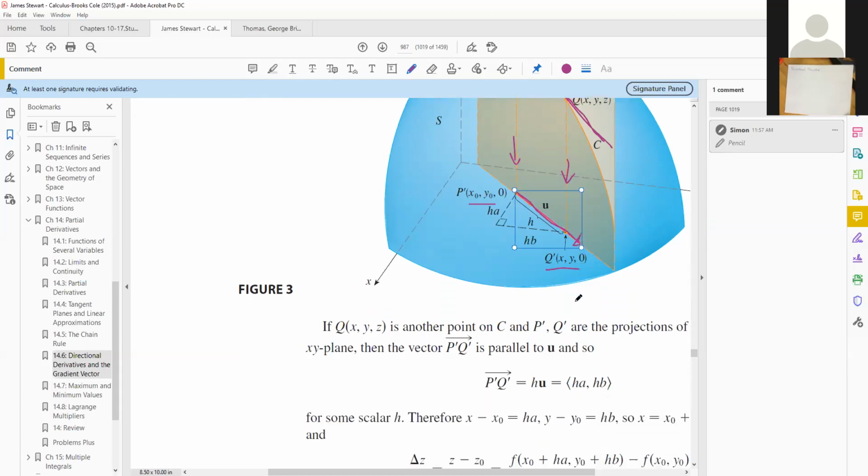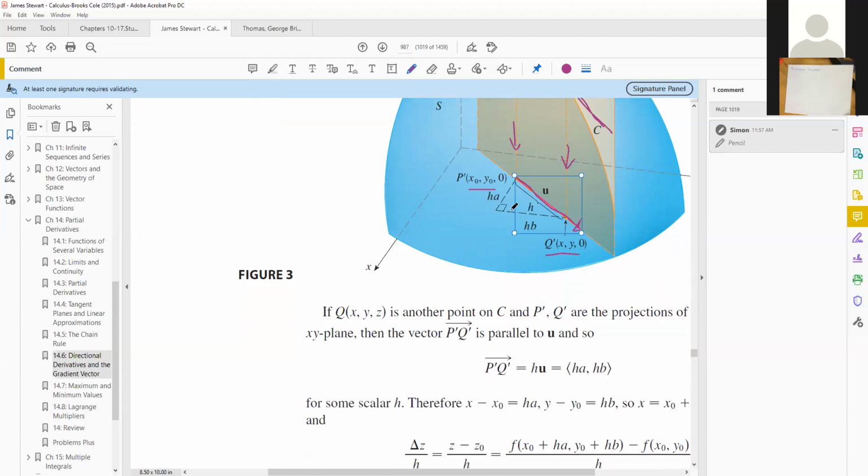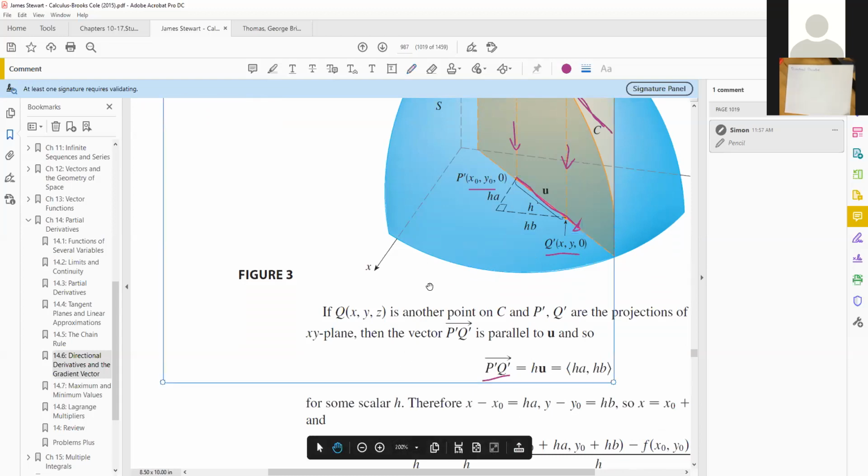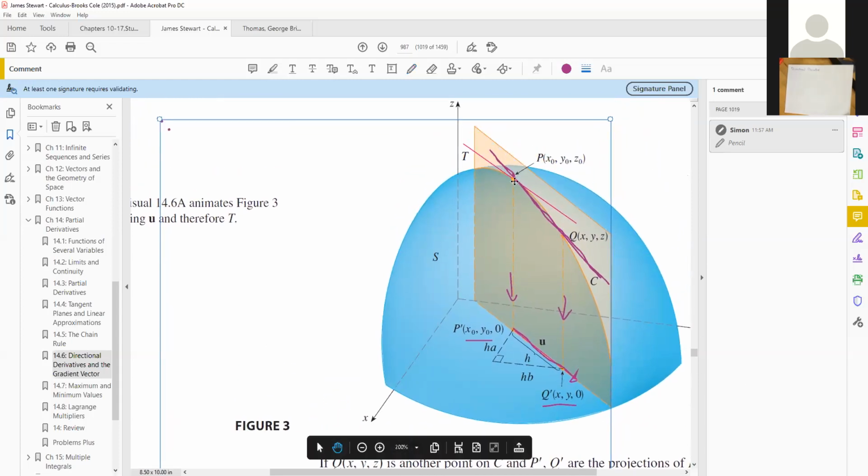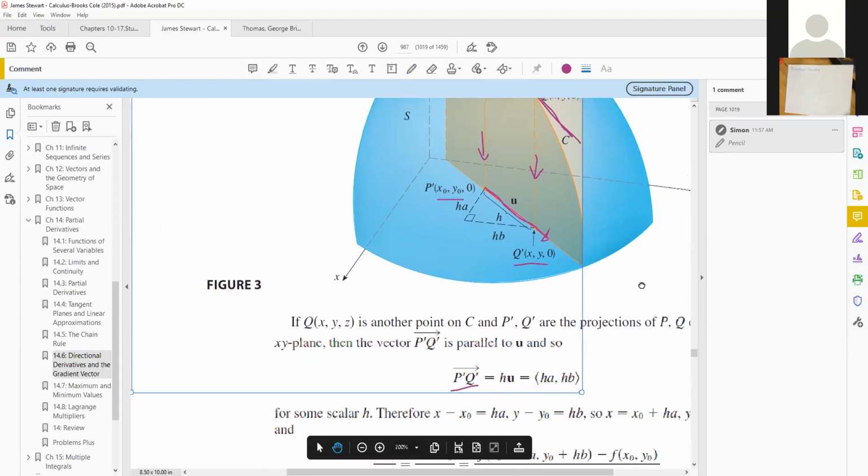Okay, well, that's going to be easy because the vector p prime q prime is nothing else but h, right? H is going to be some value that after that is going to be sent to 0. As h goes to 0, q prime approaches p prime, and as q prime goes to p prime, q will approach p, and eventually we'll get the slope of the tangent line, right?